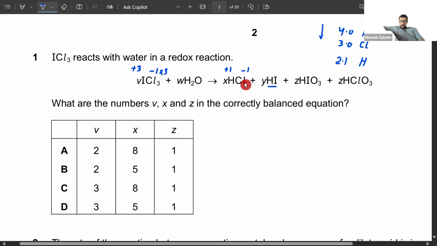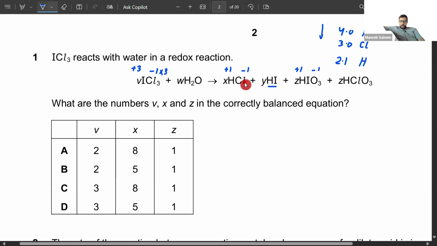And on the right side, we have HIO3. Now we know that oxygen should have a negative state. The overall charge on IO3 should be -1, so the hydrogen would have +1.